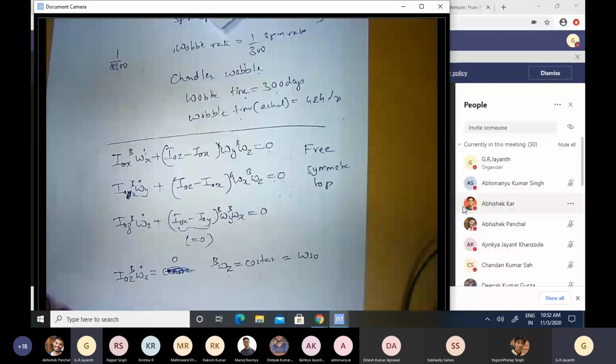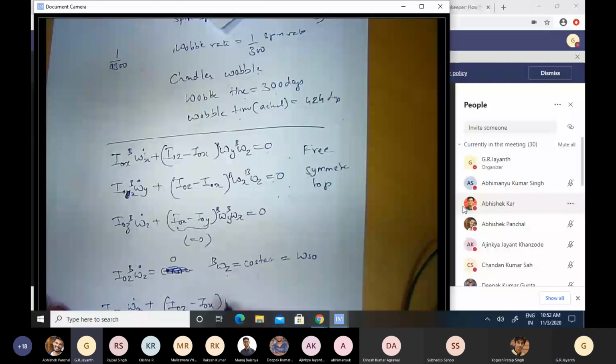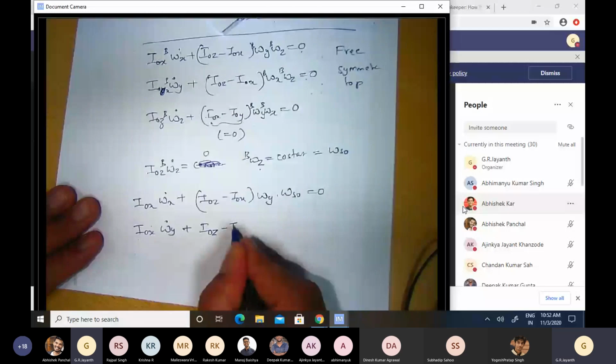I get I0x omega x dot plus (I0z minus I0x) omega y times omega s naught is equal to 0, and I0x omega y dot, because I0y and I0x are the same, sorry, plus (I0z minus I0x) omega x omega s naught is also equal to 0.